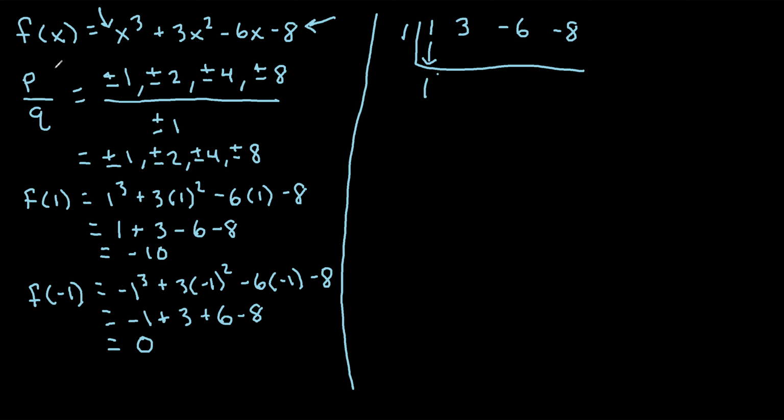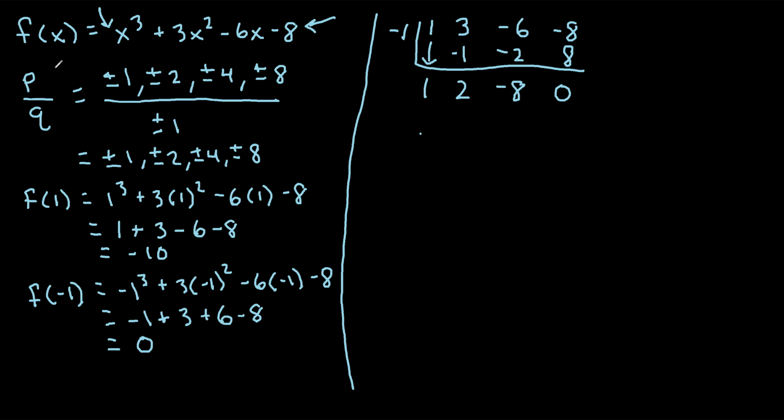Then we'll do -1 times 1. Excuse me, this should be a -1. We'll do -1 times 1, that's -1. Then we can do 3 minus 1, that's 2. -1 times 2 is -2. We can do -6 minus 2 is -8. -1 times -8 is a positive 8. And -8 plus 8 is 0. So make sure this number right here is 0.